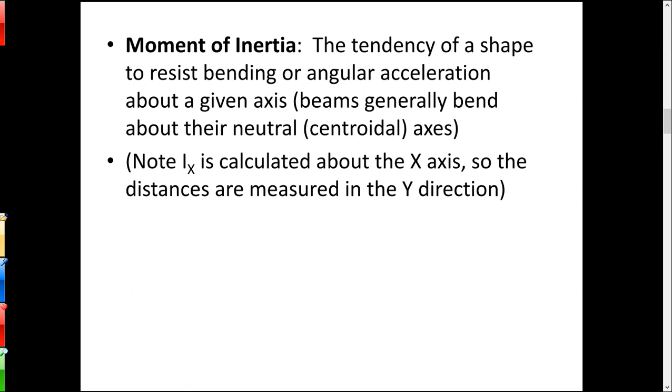But when you're doing I sub x, you're generally measuring in the y direction to find those offsets. So just remember the difference in nomenclature. When you're doing I sub x, you're calculating about the x-axis, so your offset distances for the transfer axis term are measured in the y direction. Okay, a little different nomenclature.